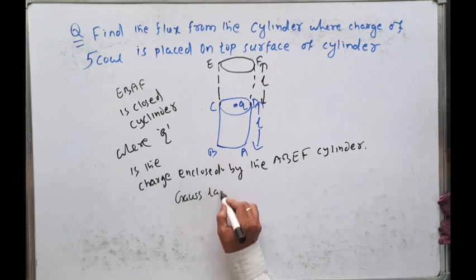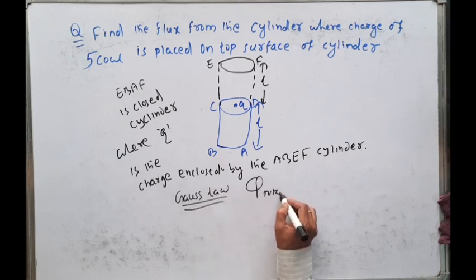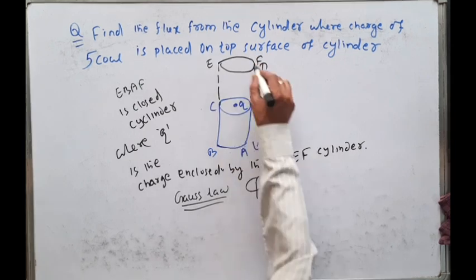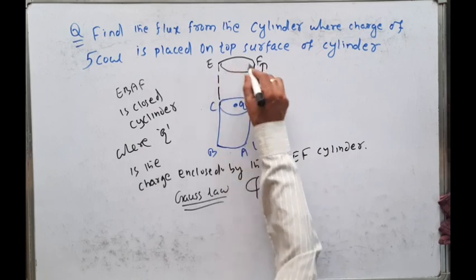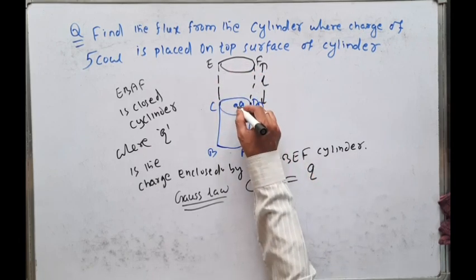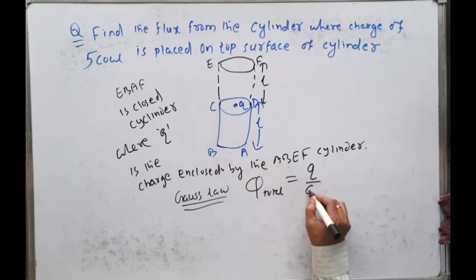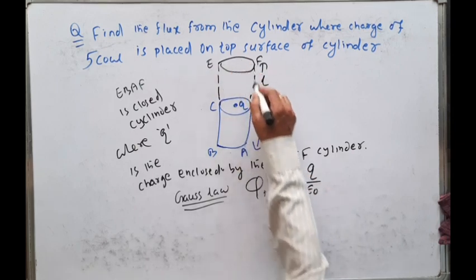So according to Gauss law, the total flux coming out from the whole Gaussian surface, here a Gaussian cylinder, is equal to the charge enclosed by the cylinder, that is Q divided by epsilon naught. This is the total flux coming out of the whole cylinder.